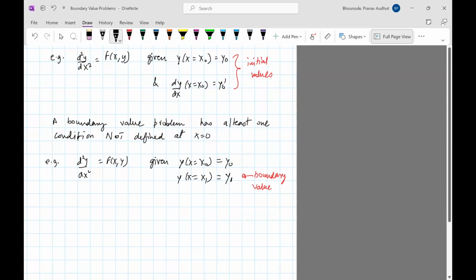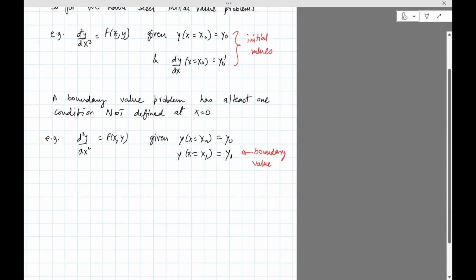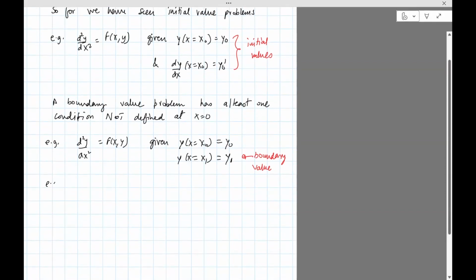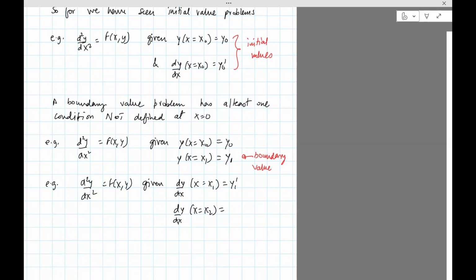Now you could also have it at dy by dx. So another example would be d squared y by dx squared equals f of x comma y, and you might be given dy by dx at x equals x1 equals y1 prime, and dy by dx at x equals x2 is y2 prime.